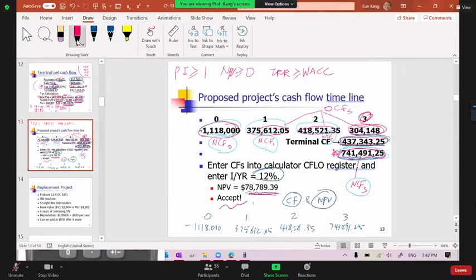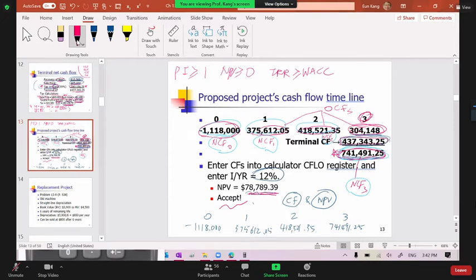The cost of capital. Be careful: in multiple choice, if somebody says IRR greater than or equal to 0, that's wrong, that's too low. IRR has to be greater than your cost of capital, not 0. NPV is greater than or equal to 0. Okay, so that's a review.